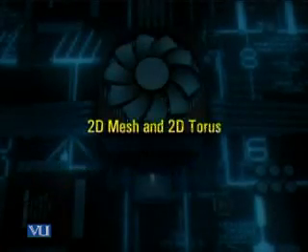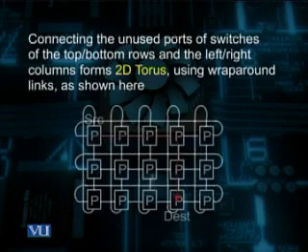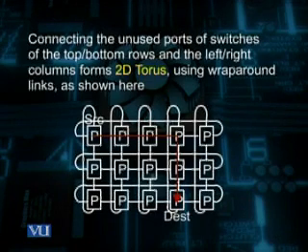Here, note that the switches associated with the top and bottom rows as well as the left and right columns do not have any connection amongst themselves, which means that the leftmost switch in the first row is not connected to the rightmost node in the same row.